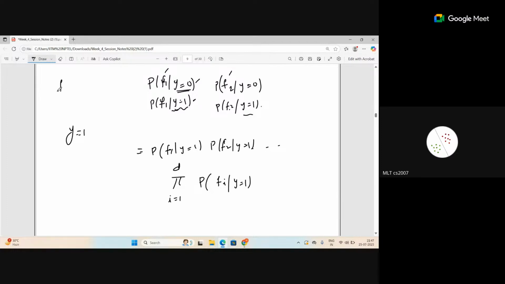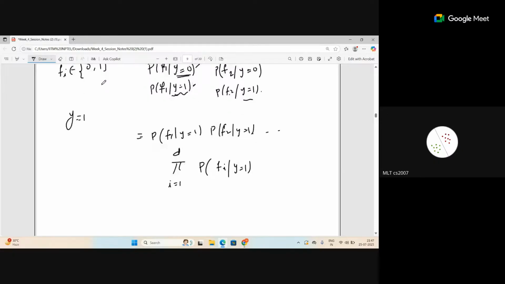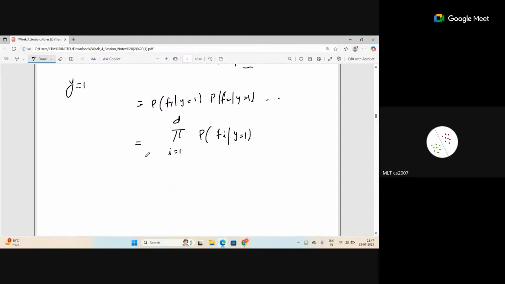Each of f1 to fi will take which values? Either 0 and 1, right? So all f1 to fd are Bernoulli distributions. So this product will be exactly equal to what? So that many features, if it will be positive.